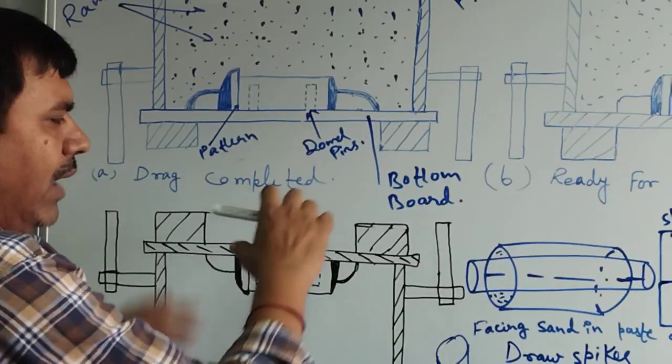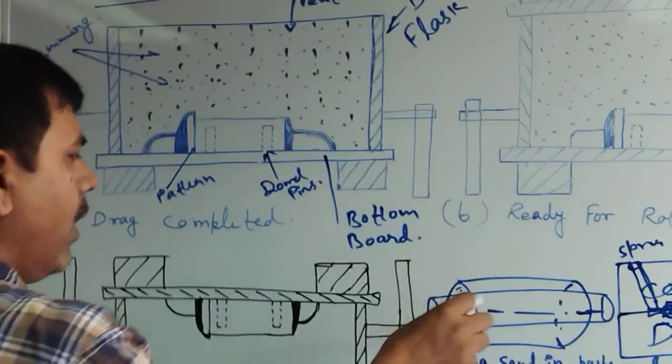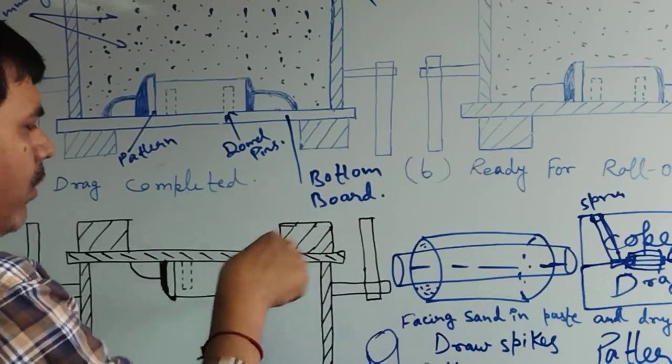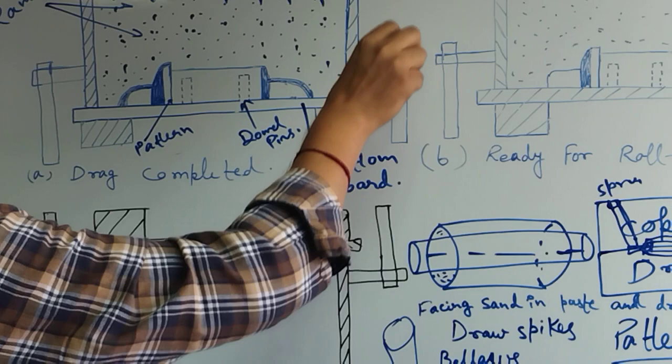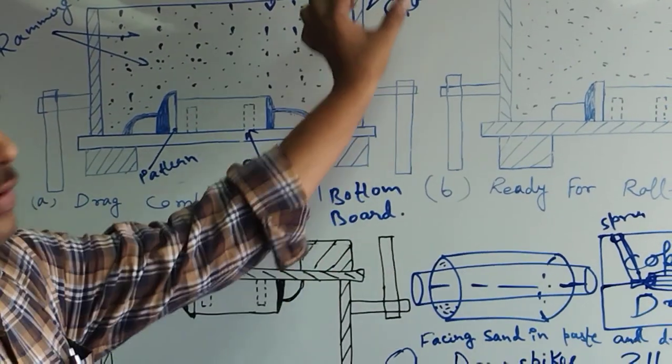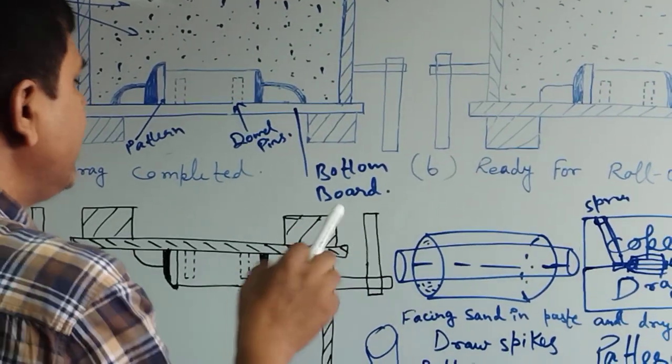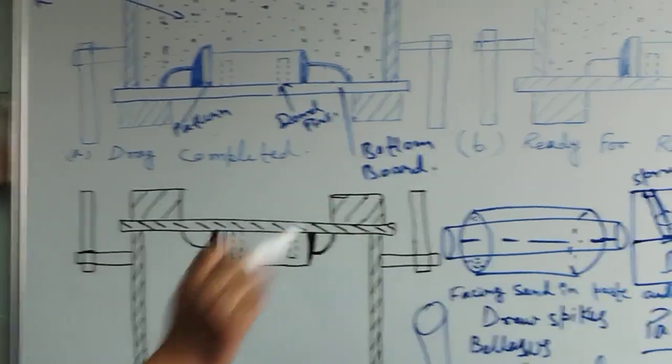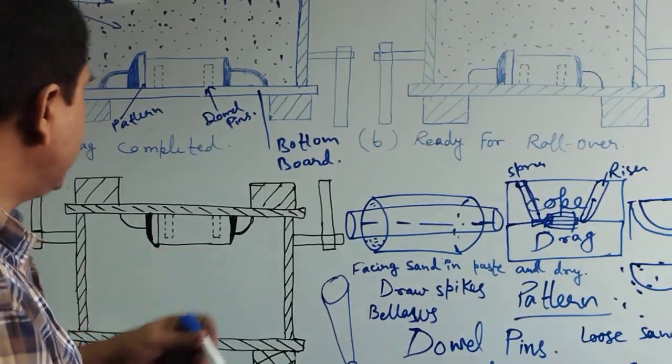After filling up the mold cavity, it goes up through the riser holes. In this combined figure, we make the next drawing.